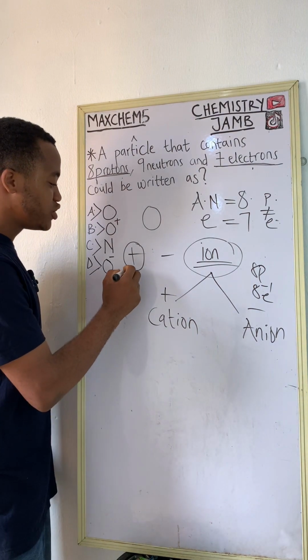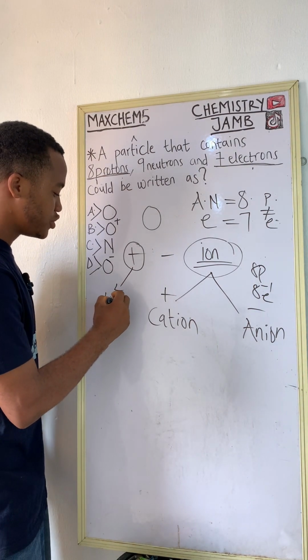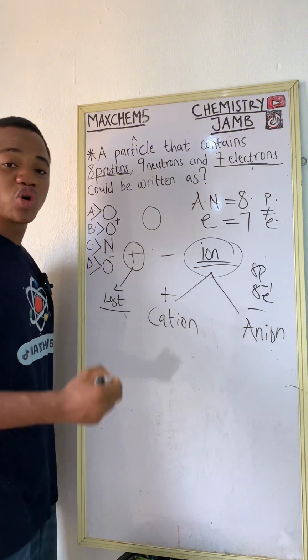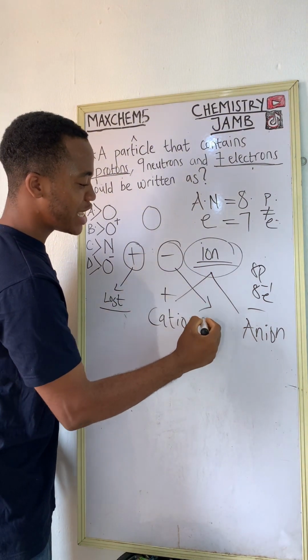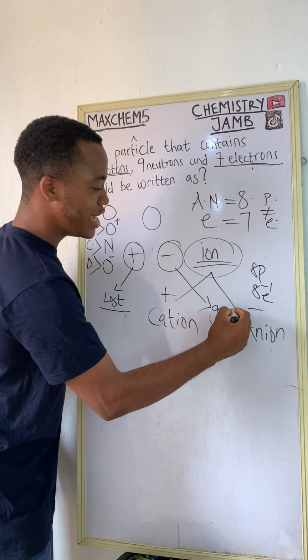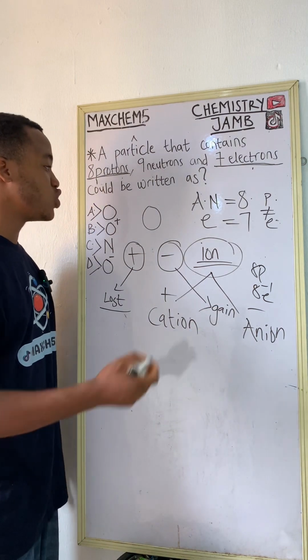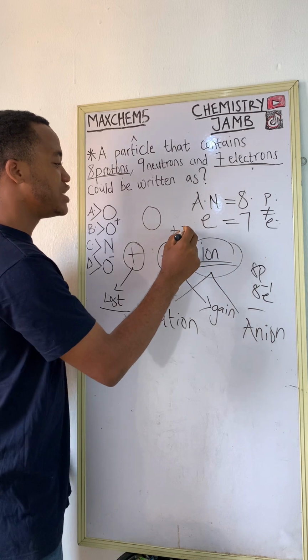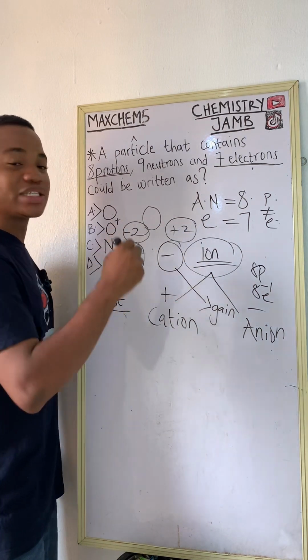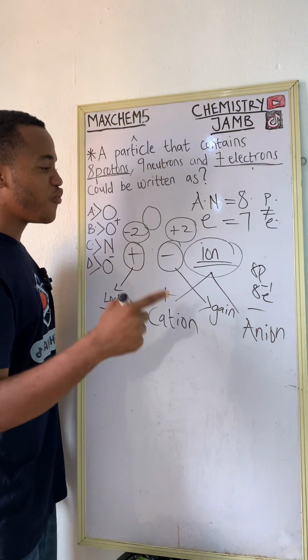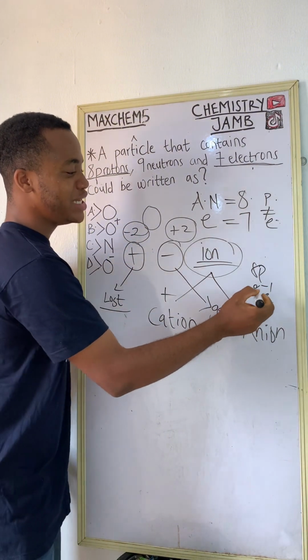Lost electron to become an ion, to become a positive ion. While the negative means that it has gained an electron to become an ion. So you can have something like +2 means that it has lost 2 electrons, or -2 means that it has gained 2 electrons.